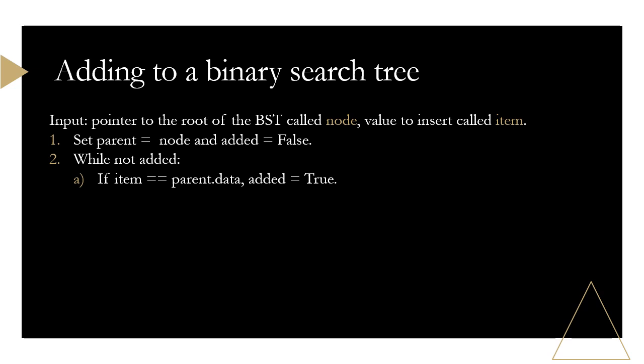This is what we have checked here. The A part, if it is true, this means that the item is already present in the binary search tree. Then we do not re-add it, we simply set the added variable to true. So when we check the while condition, we will come out of the while loop.